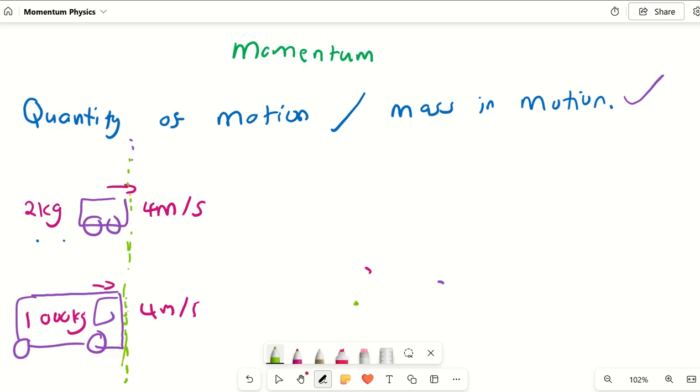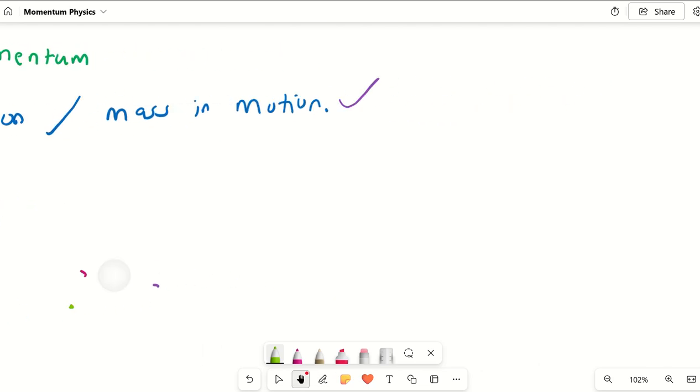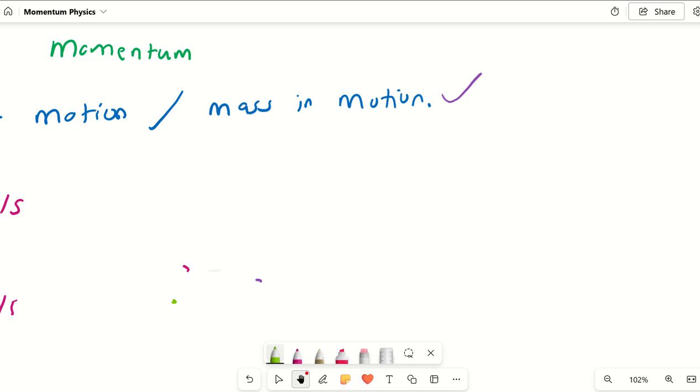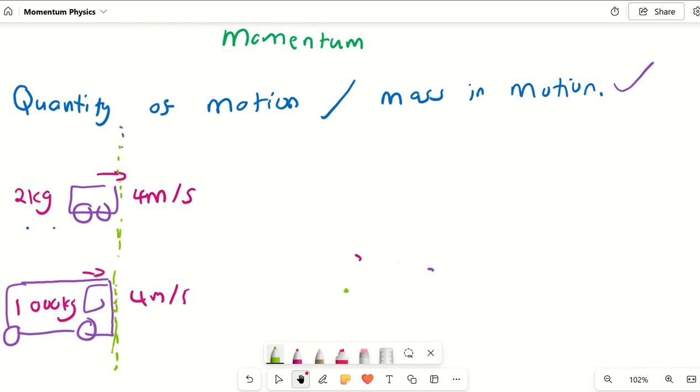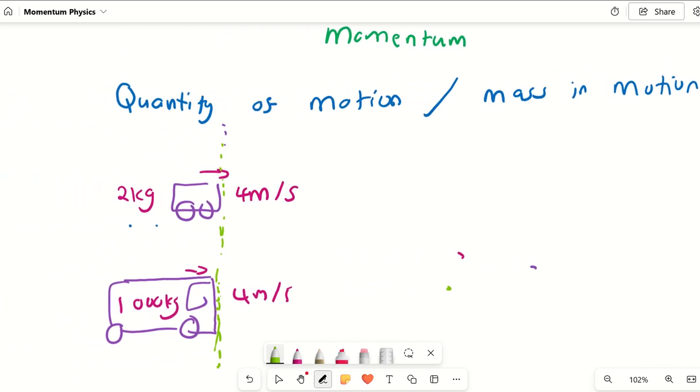Now, as they move, let's just say they go from the left into the right. They're moving, they're moving. And then as they get to this very point here, let's call it point A, we apply brakes on both of these objects at the same time.